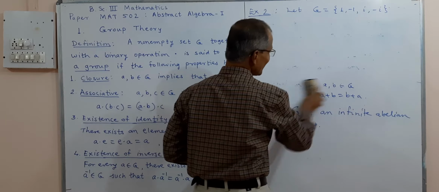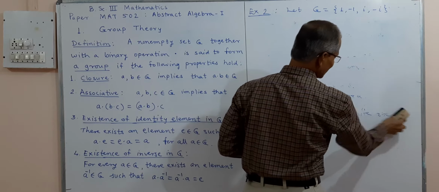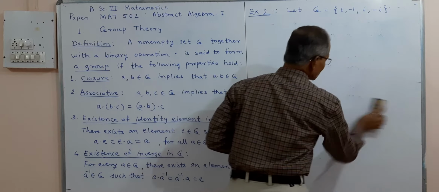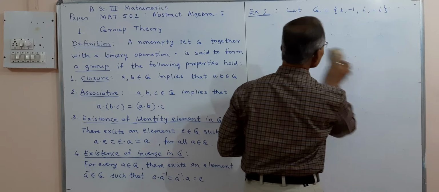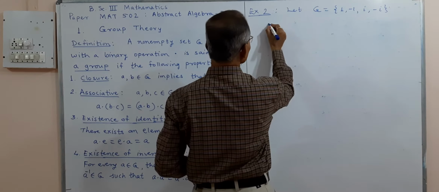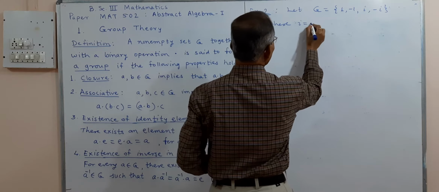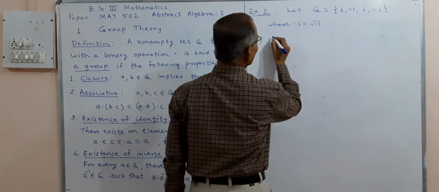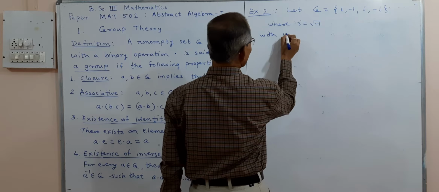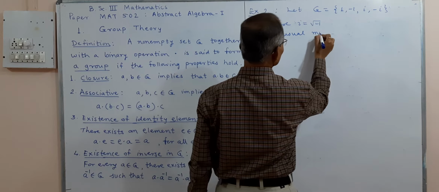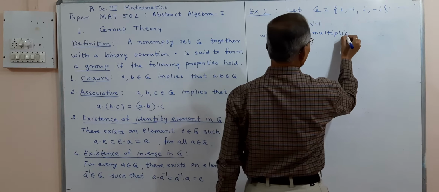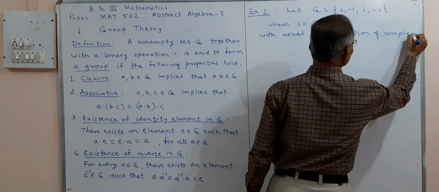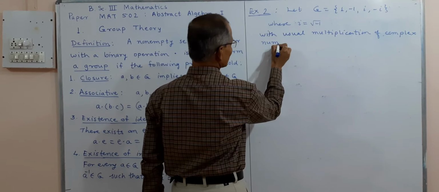Here we have considered the complex number i. i is a complex number and it is the root of minus 1, so i is equal to root of minus 1. And now we shall see whether it forms a group or not with usual multiplication of complex numbers.